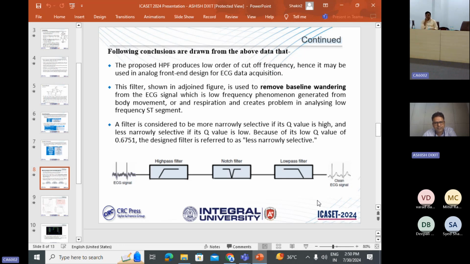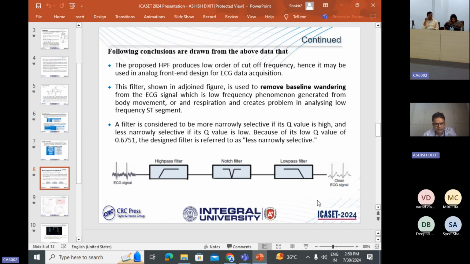A filter is considered more narrowly selective if its quality factor is high, and less narrowly selective if its quality factor is low. Because of its low quality factor, that is 0.06751, the designed filter is referred to as less narrowly selective.